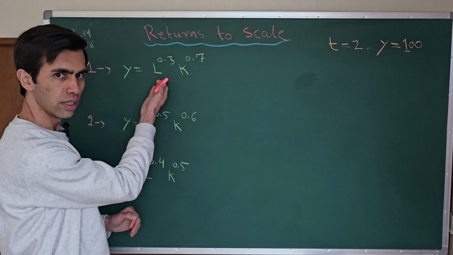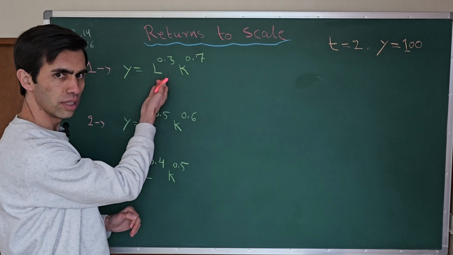We scale up each input by a multiplier of 2. Then we have 2 to the power of 0.3 times L to the power of 0.3, and 2 to the power of 0.7 times K to the power of 0.7.